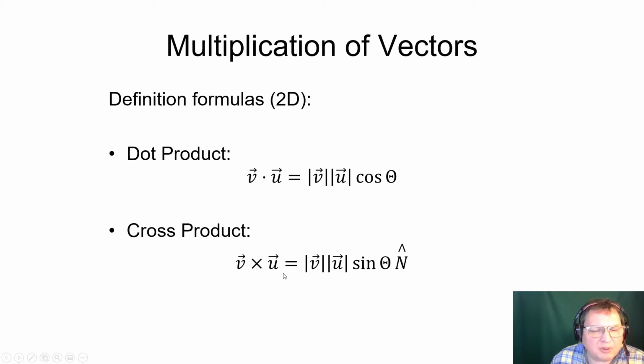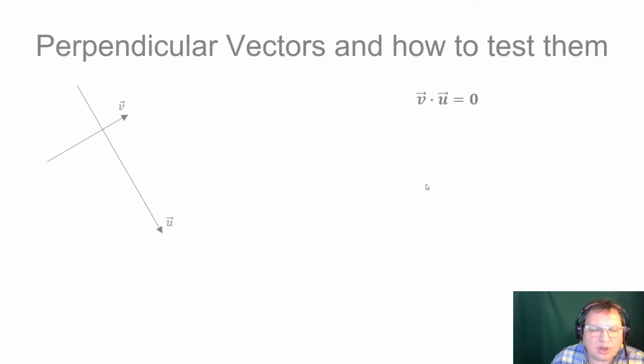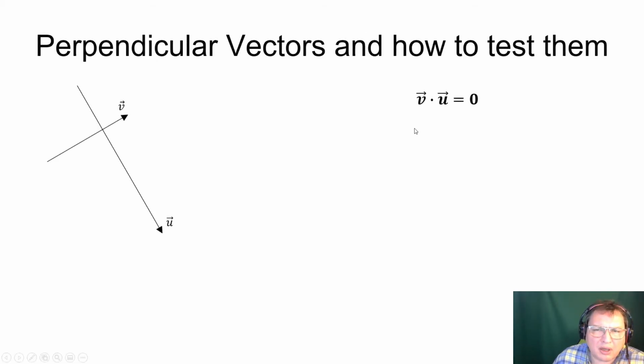In the case of perpendicular vectors, the dot product is attached to the cosine of an angle, and this is the cosine of 90 degrees, the right angle, that is 0, and this is the angle between perpendicular vectors. So, two vectors are perpendicular if the dot product is equal to 0.